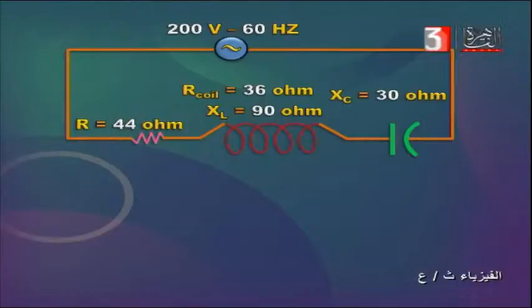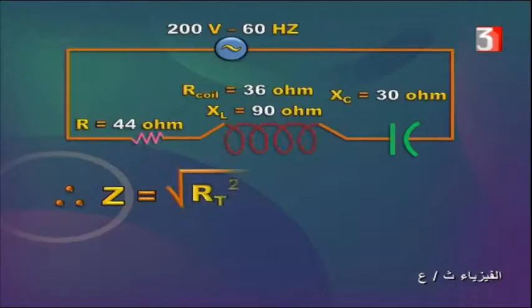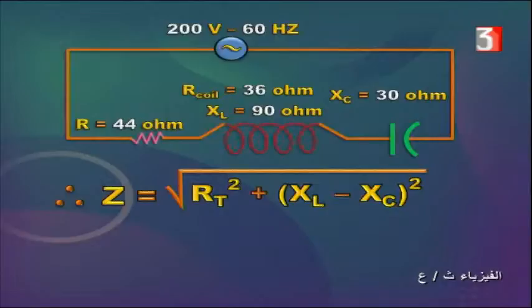So we need to calculate the impedance of the circuit, Z. It is equal to the square root of RT squared plus XL minus XC squared. RT means the total ohmic resistance in the circuit. We have two ohmic resistors, 44 and 36, so 36 plus 44, 80.